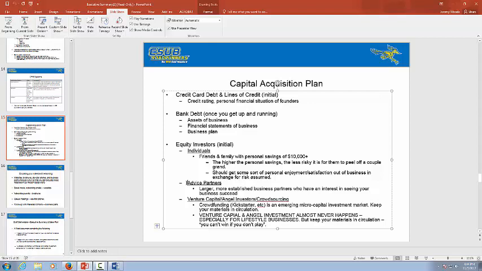The next type of equity investor is advice partners. So your expert advice partners that I've had you talk to, these are potential investors as well. Not just people who have been there and done that with the same kind of business, but people who have been there and done that with supplier businesses or related businesses to your own, have an interest in seeing you succeed.